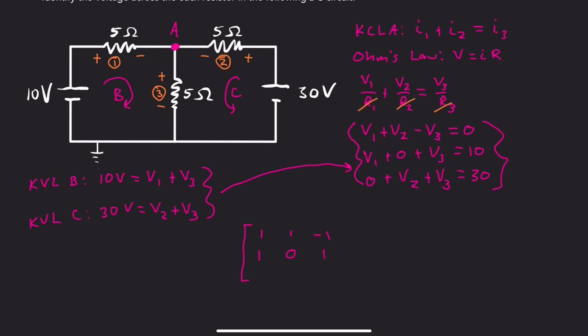And the last row will have 0, 1, 1. Now, this gets multiplied by a 3×1 vector of our unknowns. And this expression will be equal to the constants on the right-hand side.